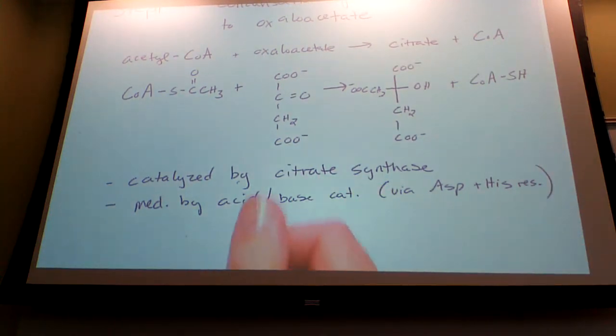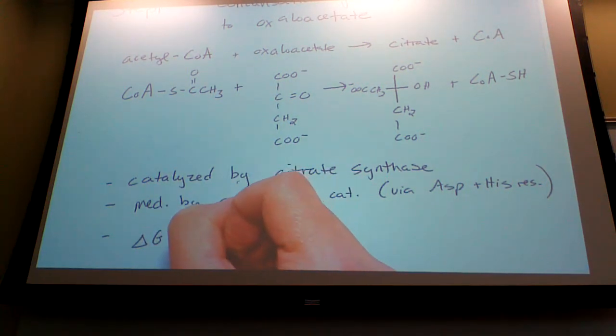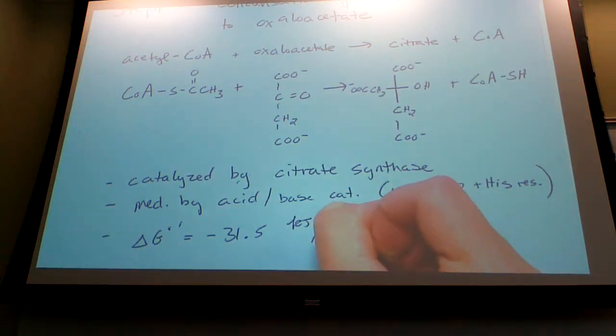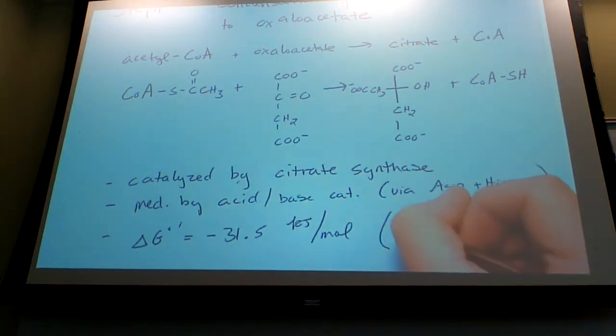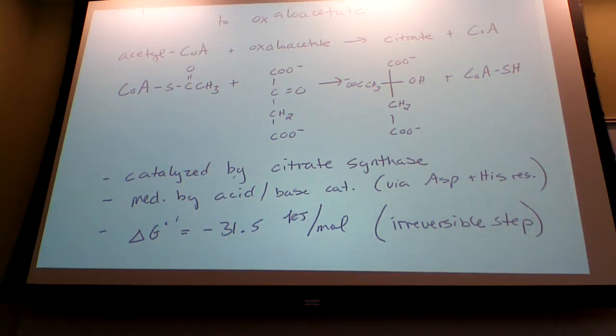And the other thing I want to mention is that this delta G, my standard free energy change, happens to be a negative 31.5 kilojoules per mole. And because of that, this is technically an irreversible step because it releases so much energy. And you might remember that coenzyme A conjugates are high energy compounds.